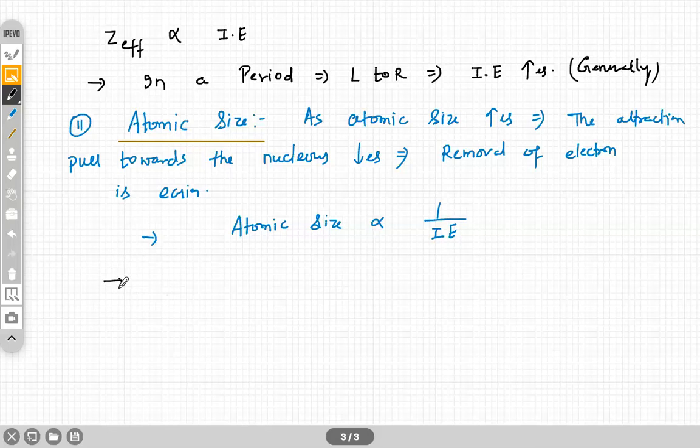You see, if you go top to bottom in a group, ionization energy decreases. And when I write ionization energy, it means we are talking about first ionization energy. That is understood.